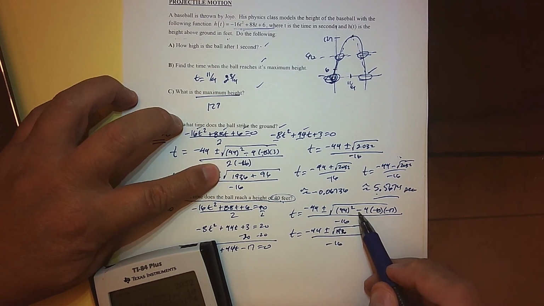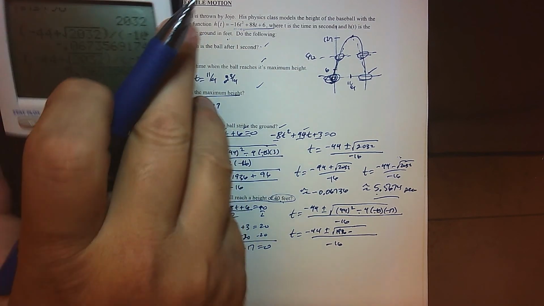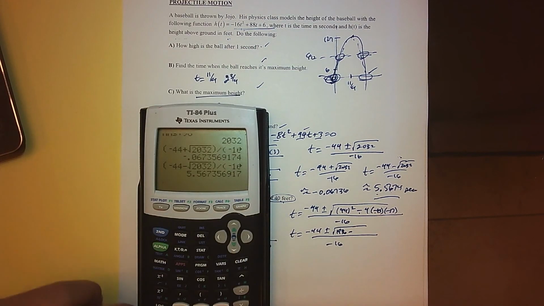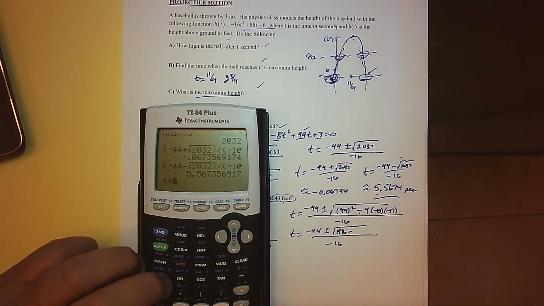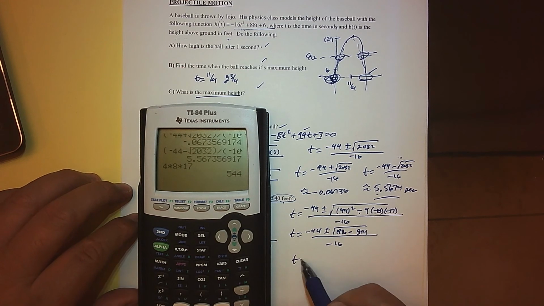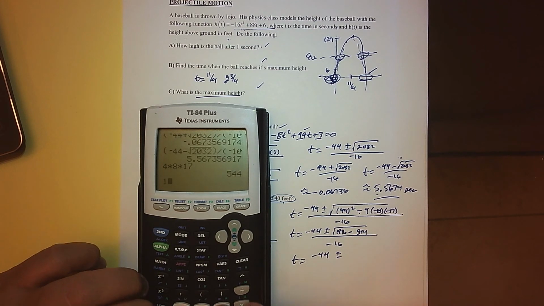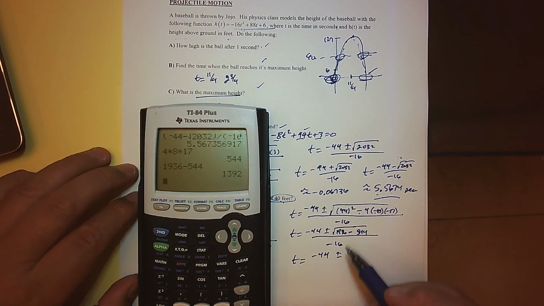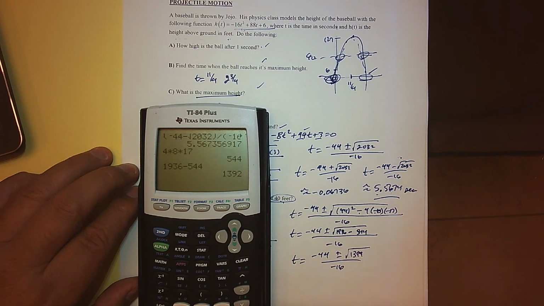We're subtracting a negative, subtracting another negative, so we'll be subtracting there. And it looks like we get 4 times 8 times 17, that's 544. So t is negative 44 plus or minus, if I take 1936 and subtract 544, we end up with the square root of 1392 all over negative 16.